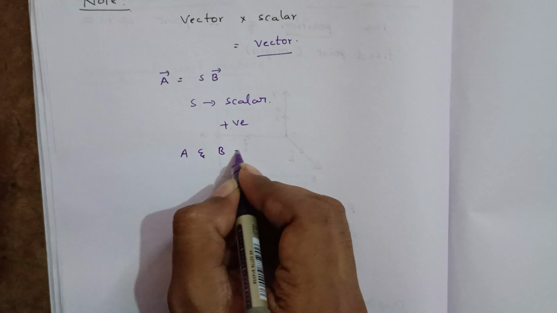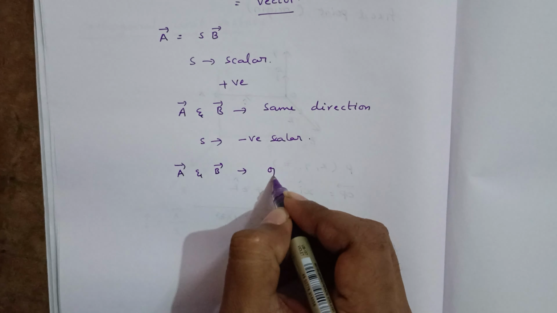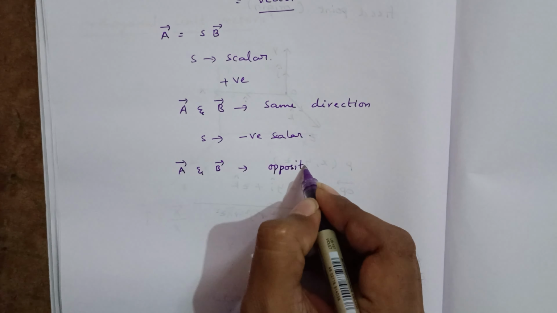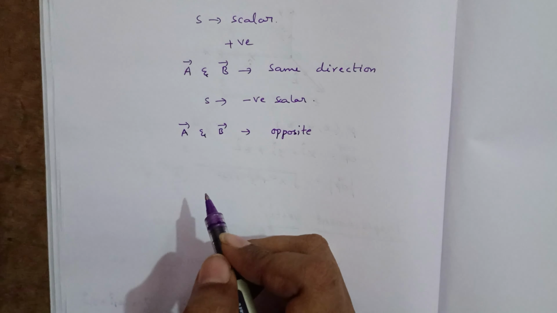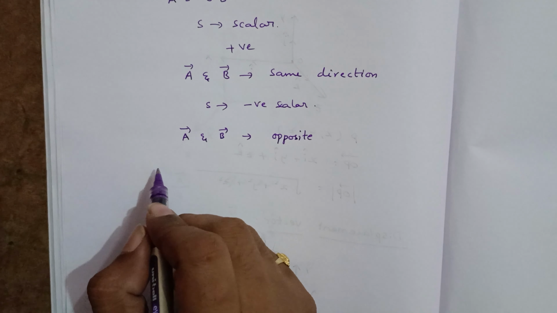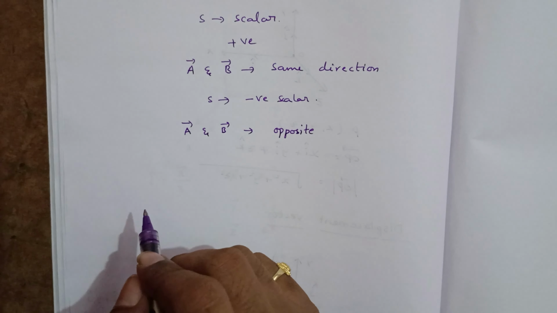If s is a negative scalar, then a bar and b bar have opposite directions. a bar has a direction that is opposite to b bar.